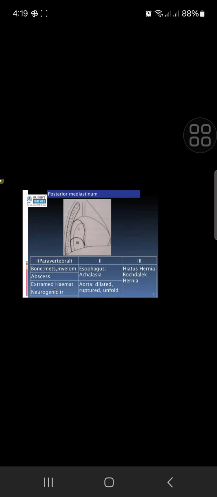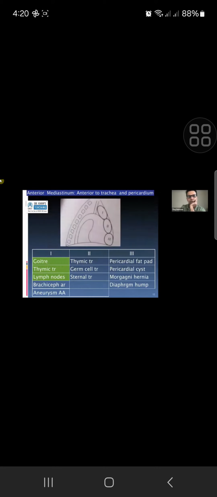It's either a neurogenic tumor or extramedullary hematopoiesis. It's outside the spine, clearly. That abnormality is not in the spine. Adjacent to the spine, posterior mediastinum, it's quite simple.